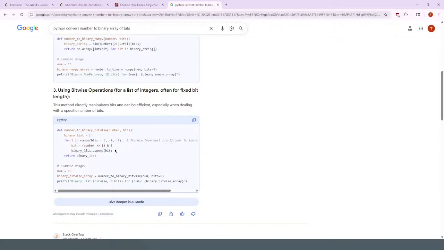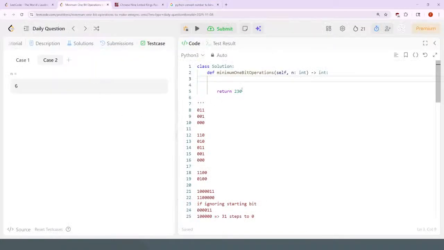Okay, this bit is going right to left, but then they're storing it in, no, they're not really storing it. They're appending the bit to an empty list. This feels like it's backwards. Okay, so let's go for it, I guess backwards is fine.